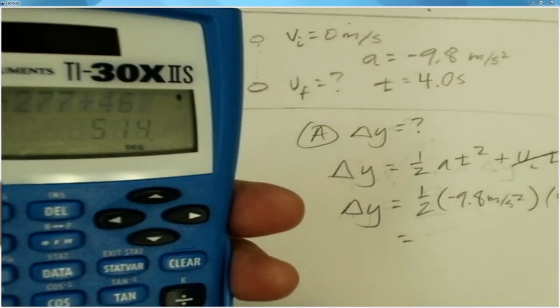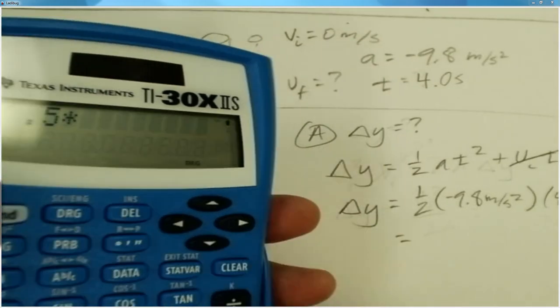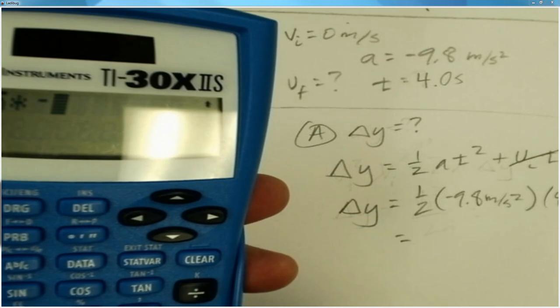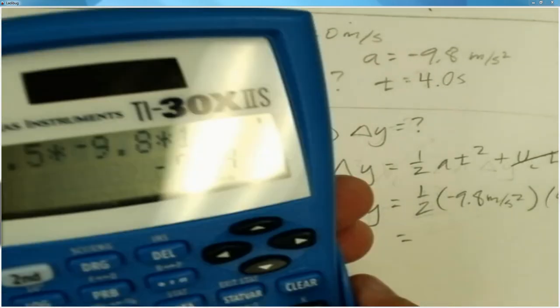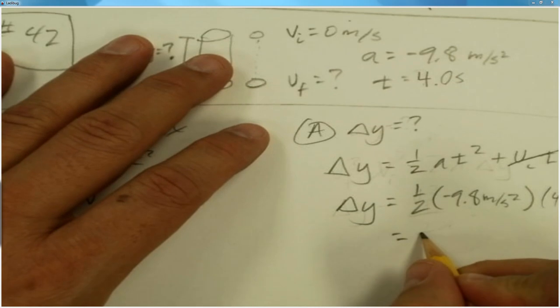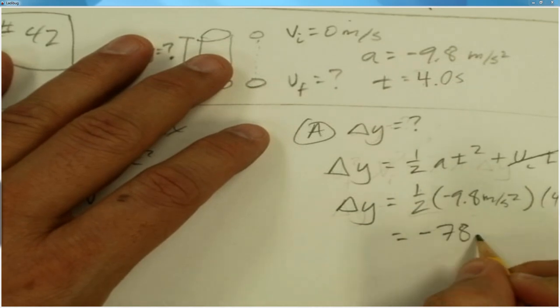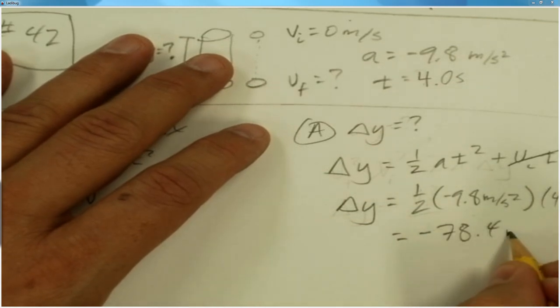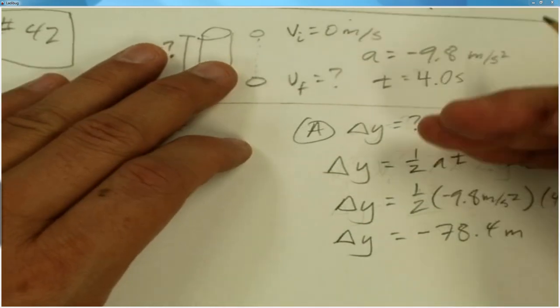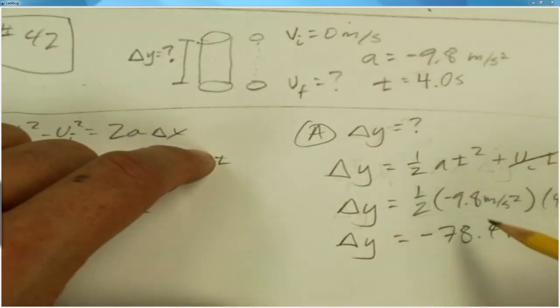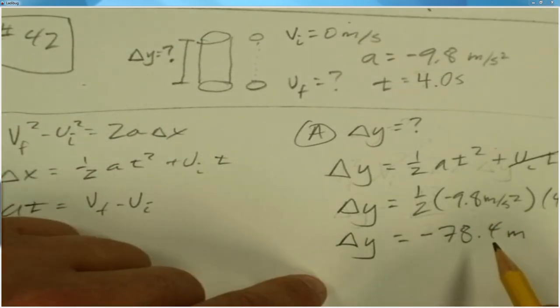So 0.5 times negative 9.8 times 16. That's negative 78.4 meters. So the change in my height as the ball bearing drops down is negative 78.4.